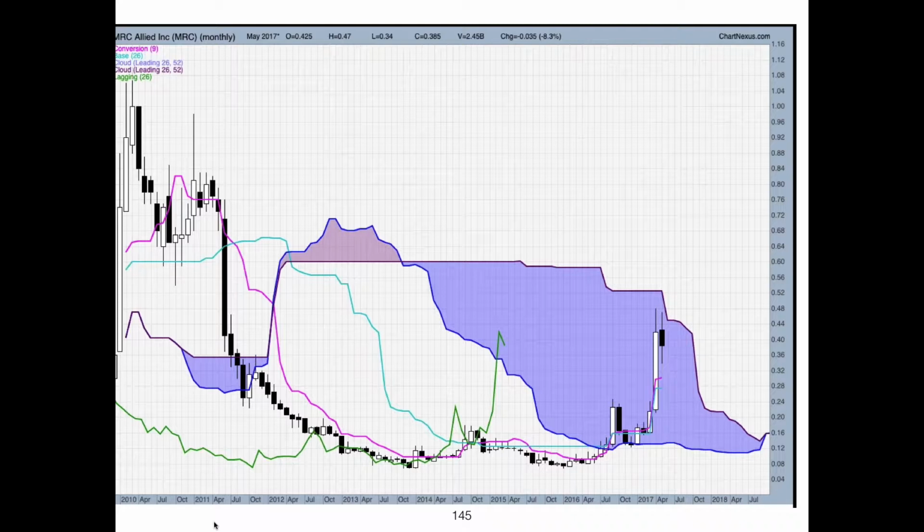The Kijun-sen measures equilibrium for the past 26 periods. The Senkou-A measures equilibrium between the Tenkan and Kijun for the past 26 periods. The Senkou-B measures equilibrium over the past 52 periods. So what does this mean? Prices will tend to reattach or return to these lines to restore equilibrium.